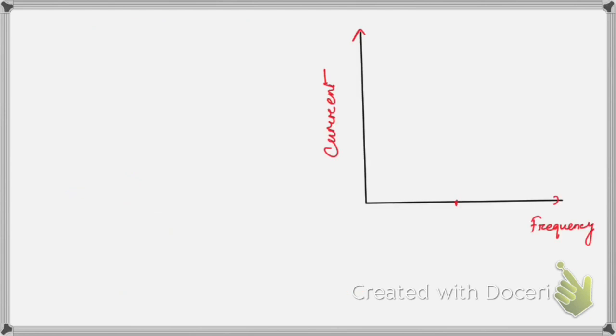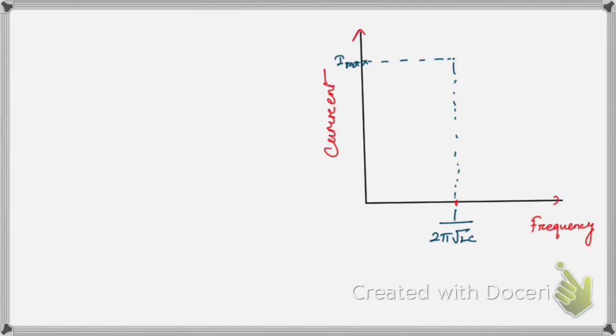Now at the resonant frequency, that is 1 by 2 pi root over LC, the current is maximum. So that's why here the current is maximum. Let me write I max here.